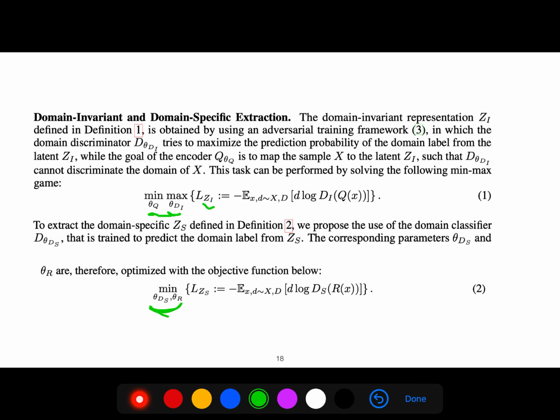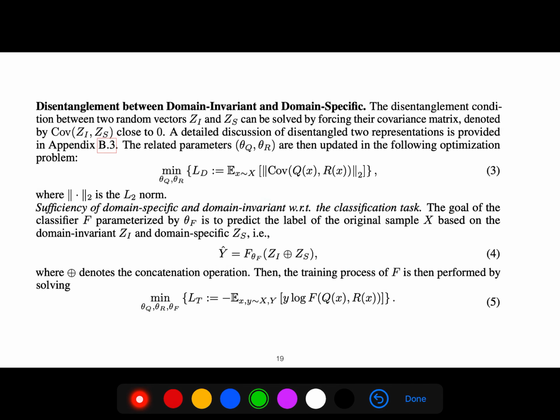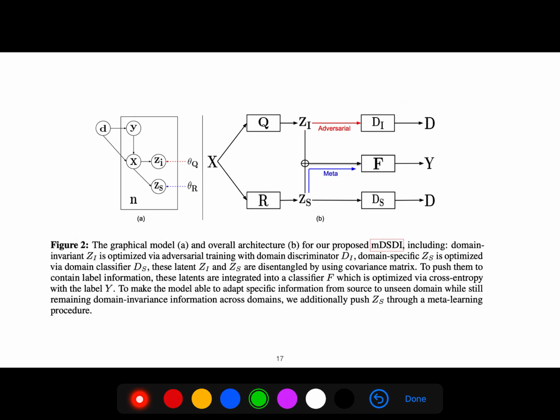But for domain specific, the same idea applies with the corresponding parameters. The objective is the expectation of log D of specific over our feature R of X, because R of X is just the latent variable of the domain-specific features.